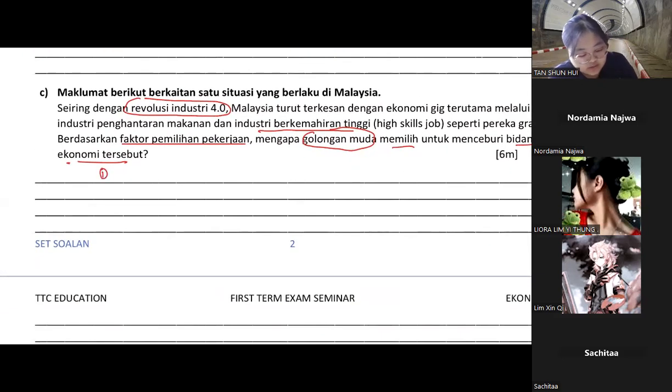So the first point you have to tell me is because upah yang tinggi. Or even, why do they want to do penghantar makanan? Why do they want to do Foodpanda? Tempat dekat, maybe yes. Upah yang tinggi. Masa bekerja yang fleksibel.